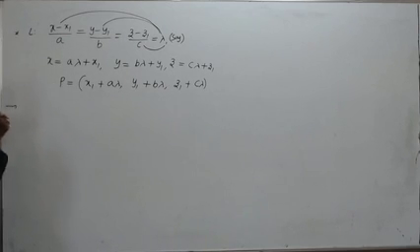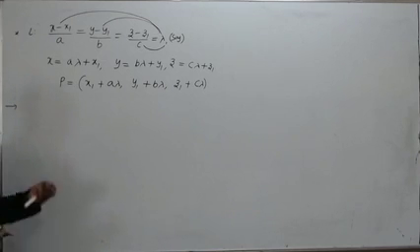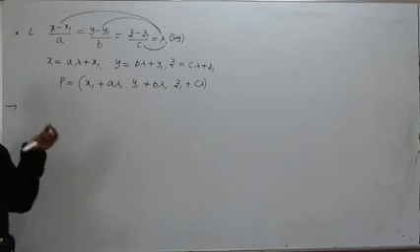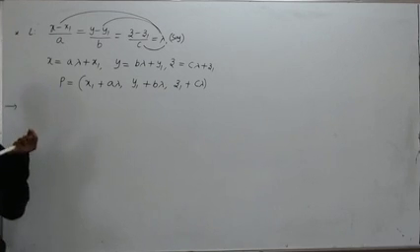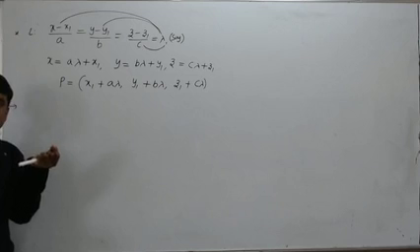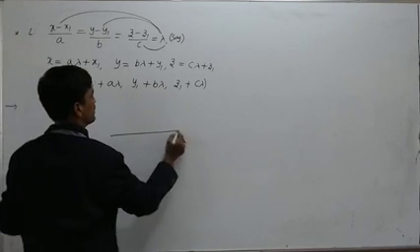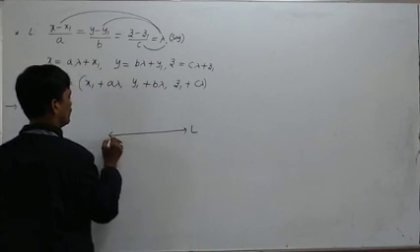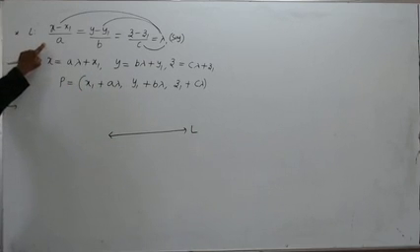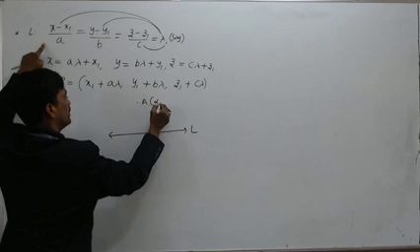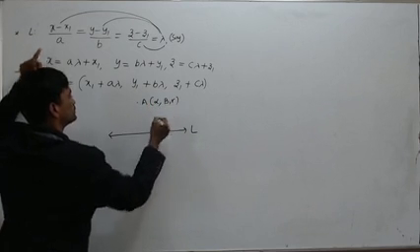Next problem: how to find the foot of the perpendicular drawn from a point to the line. That means you know the coordinates of the point, and you know the line equation. How to find the coordinates of the foot of the perpendicular? Suppose this is the straight line L, whose equation is this, and A is the given point, say coordinates of A are alpha, beta, gamma.